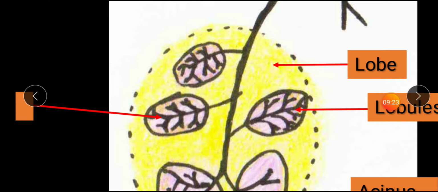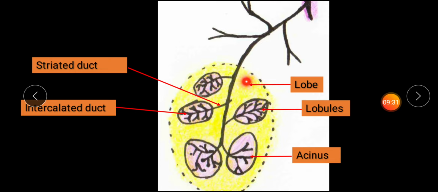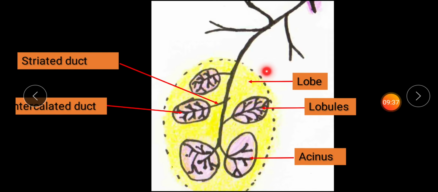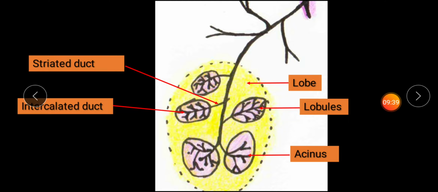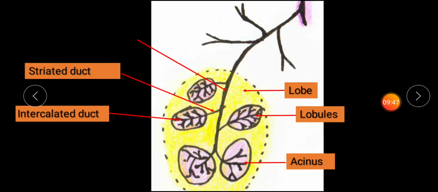After the intercalated duct you have another duct known as the striated duct. This duct has striated cells, which is why it is known as the striated duct.